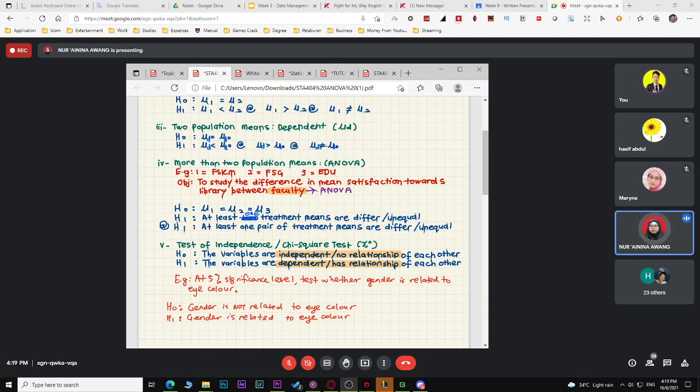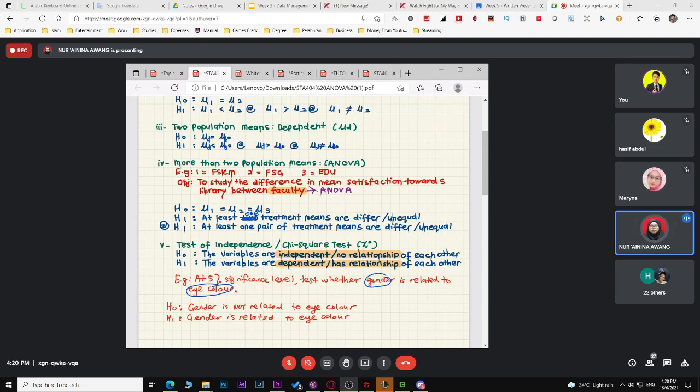And then the last one is for the test of independence. For example, the question asks you to test at 5% significant level whether gender is related to eye color. In this case, we have two categorical variables: gender is categorical, eye color is categorical.